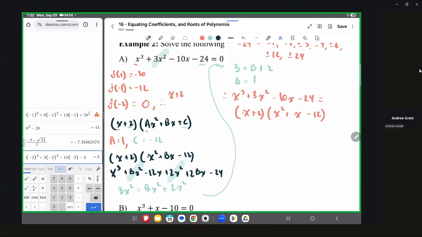And so from here, we can have a look at this, x squared plus x minus 12. And we need to have two numbers that multiply to make negative 12 and add to make 1. Those numbers are going to be 4 and negative 3.